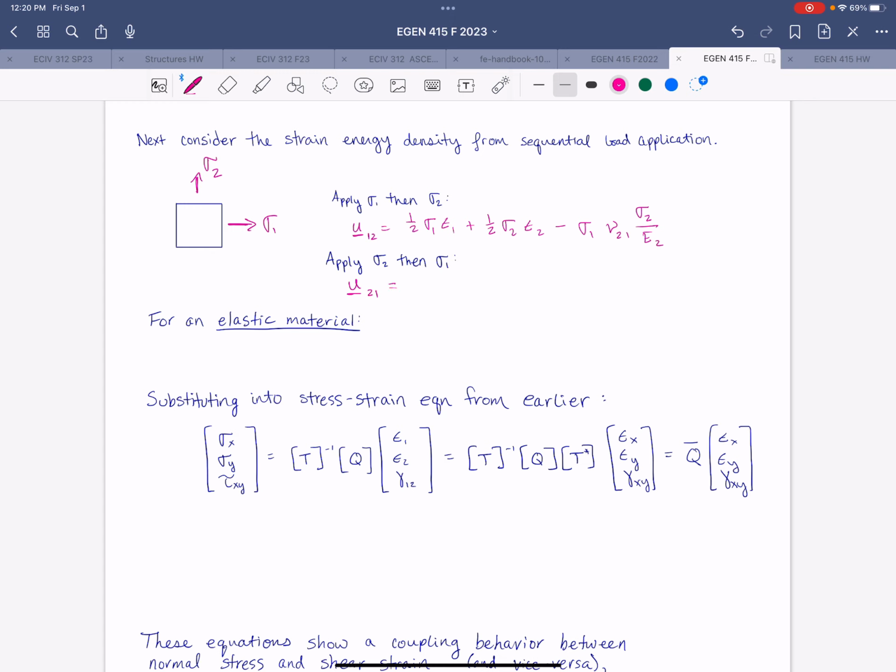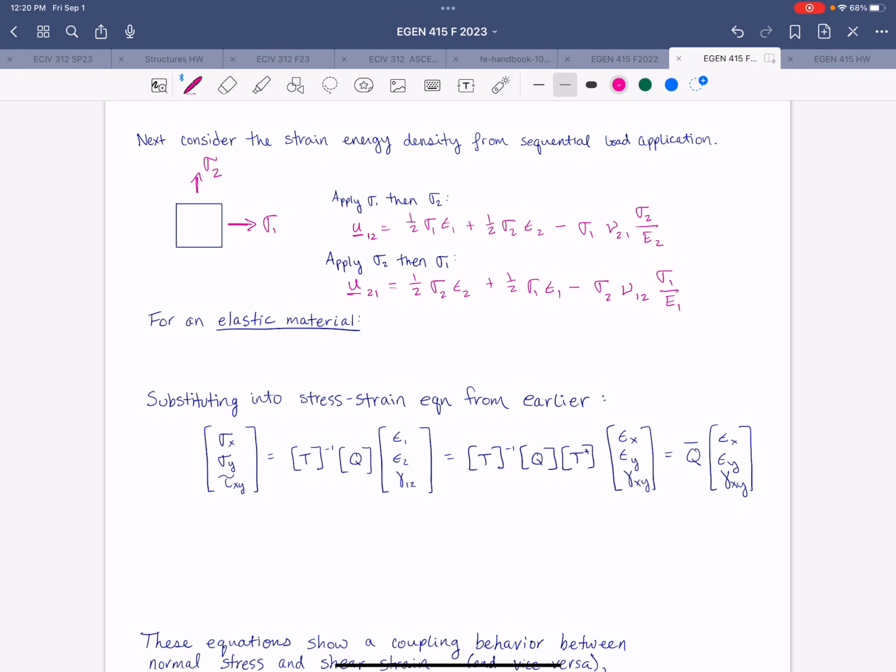So the 2, 1 order would be 1/2 sigma 2 times normal strain in 2 plus 1/2 sigma 1 times normal strain in 1 minus sigma 2 times Poisson ratio subscript 1, 2 times sigma 1 over Young's modulus for the one direction.